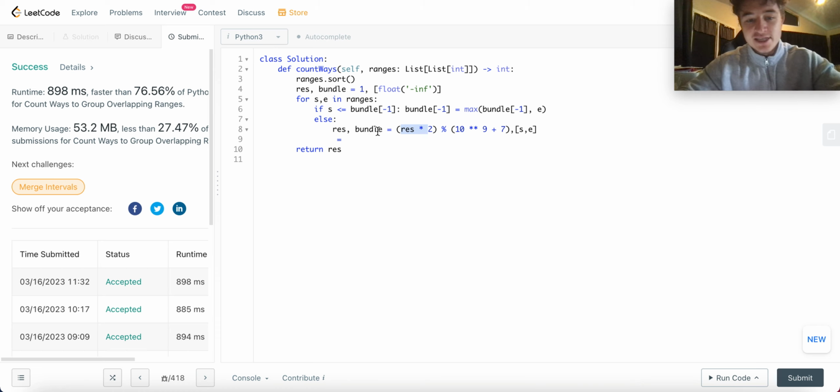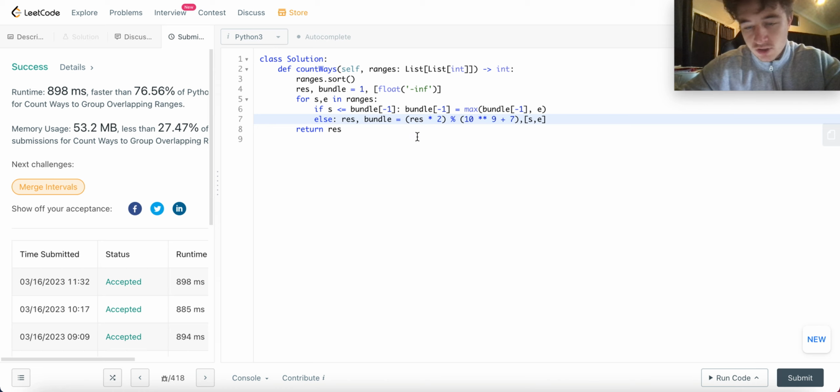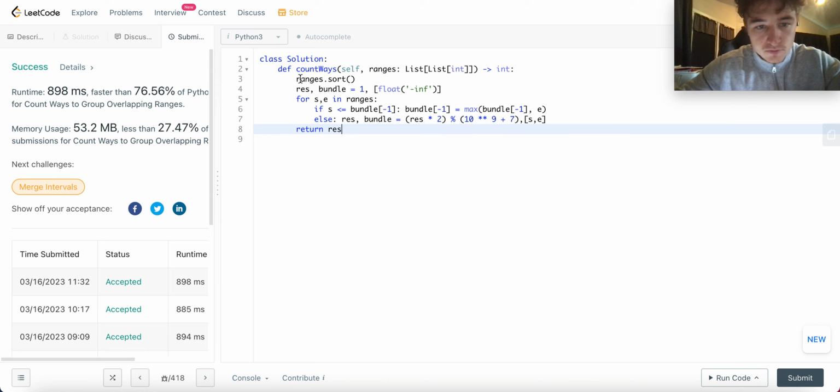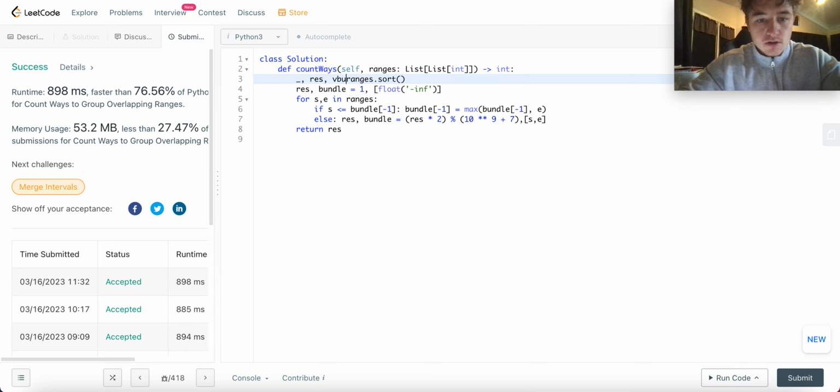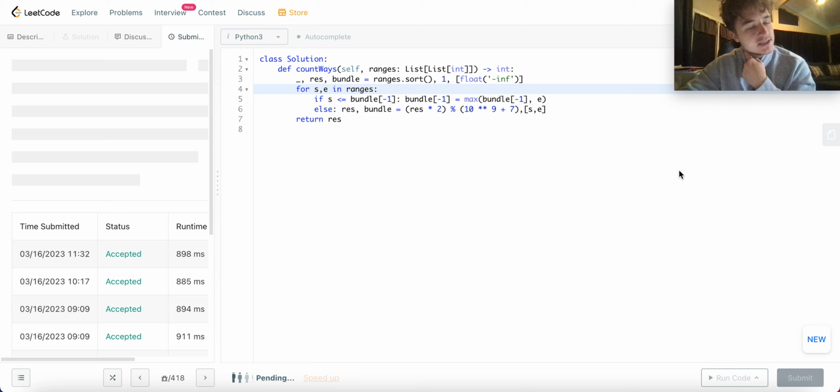So I'm doing essentially the same thing, just in place for space complexity. Okay. And I'm going to make this even shorter because I really hate you guys. All right. And look at that. 5-line solution.